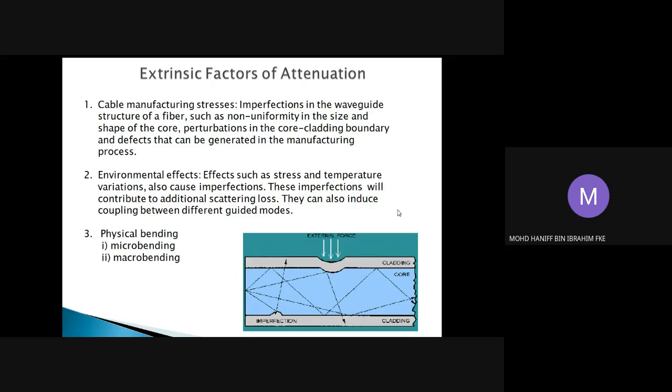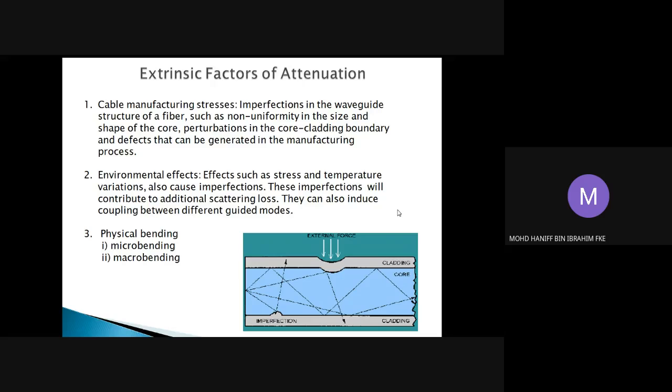We are not going to get a very uniform 6 micrometer diameter along the fiber optic structure. Somehow there will be non-uniformity of this core size and also the shape of the core. All of this is the defect in manufacturing, which is uncontrollable. We try to make it perfect, but definitely we cannot get it.